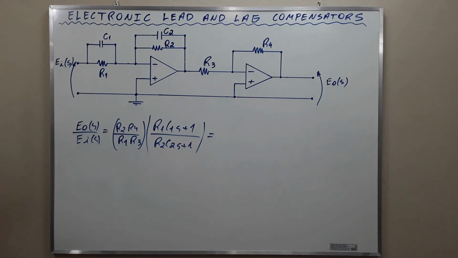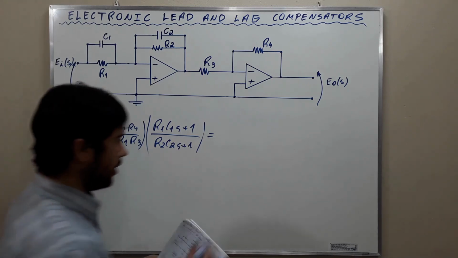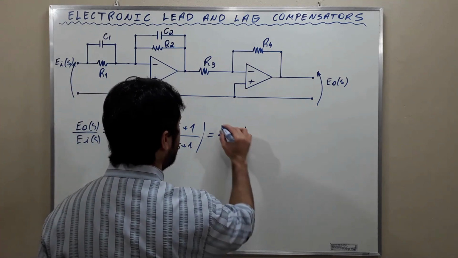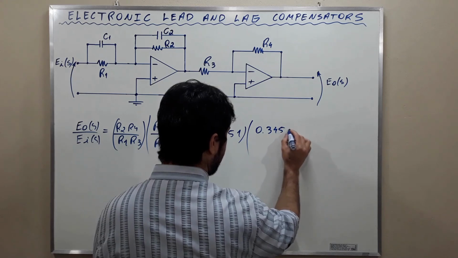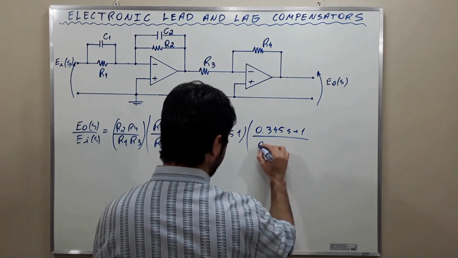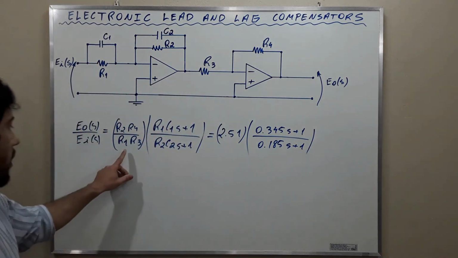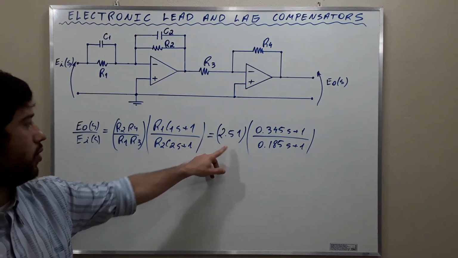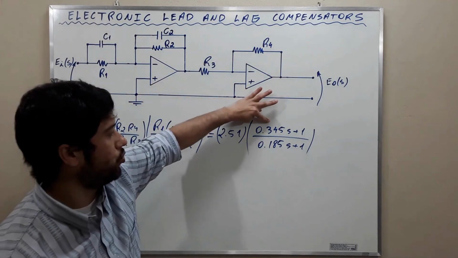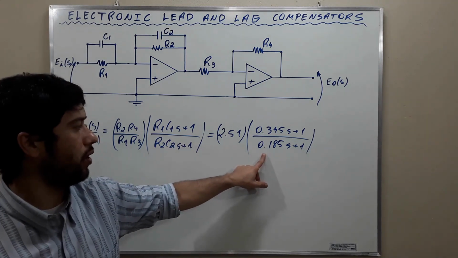Specifically in this exercise, R2 R4 over R1 R3 has to be equal to 2.51, R1 C1 equal to 0.345, and R2 C2 equal to 0.185.